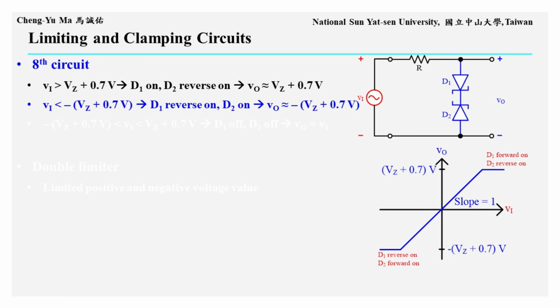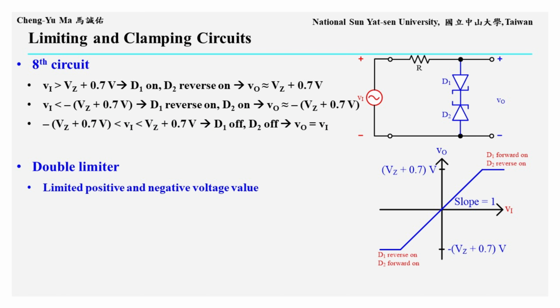In this case, the output voltage is clipped at approximately negative the quantity VZ plus 0.7 volts. When VI is between negative the quantity VZ plus 0.7 volts and positive the quantity VZ plus 0.7 volts, the diode loop cannot conduct. Therefore, the loop is open and VO equals VI.